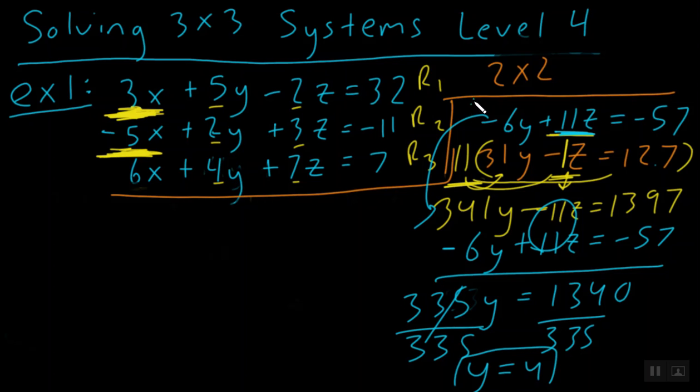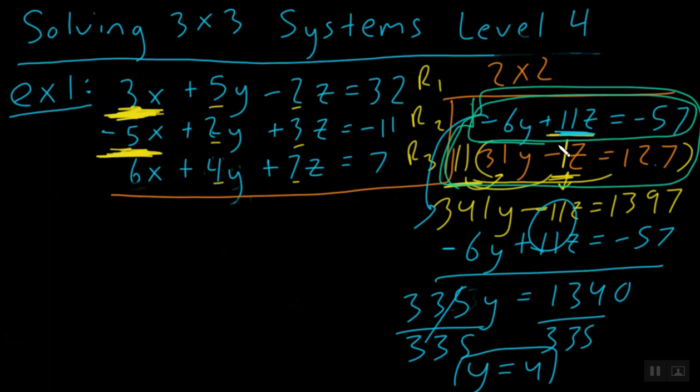We come back up here to our 2x2 system, okay? And we want to plug in this single variable in for one of these. Now, here I see a -6 and a +11, and I think, man, this could not be an easier equation. So let's go ahead and we'll do this in the blue. I say, okay, I've got my -6y plus 11z is equal to -57, okay?